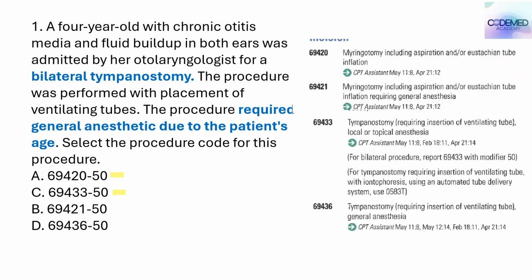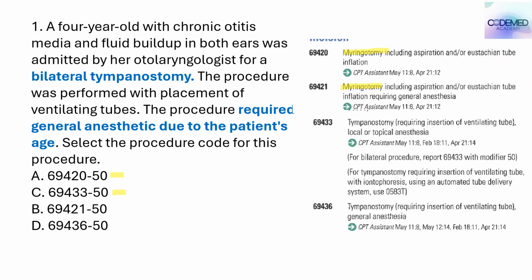Let us look at the code options. The 69420 talks about myringotomy, and 69421 also talks about myringotomy. And we know the difference: myringotomy is nothing but the incision into the tympanic membrane, while in a tympanostomy we not only incise the tympanic membrane, but we put in the ventilating tube.